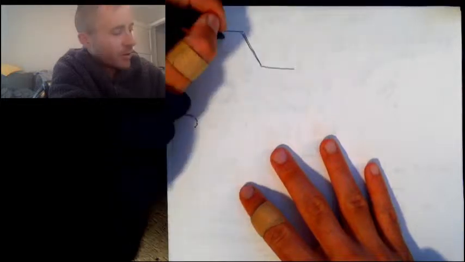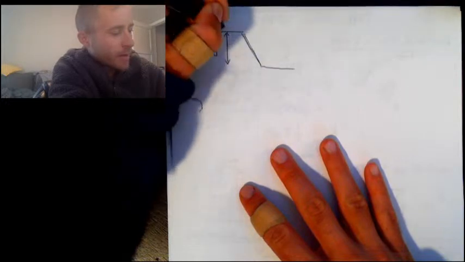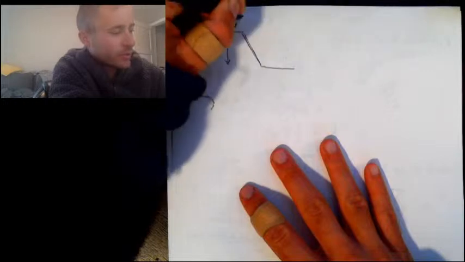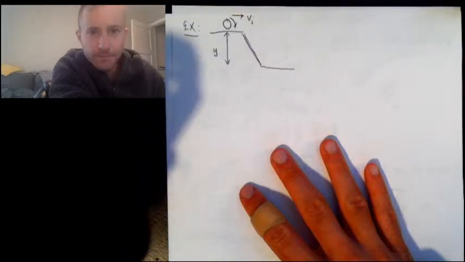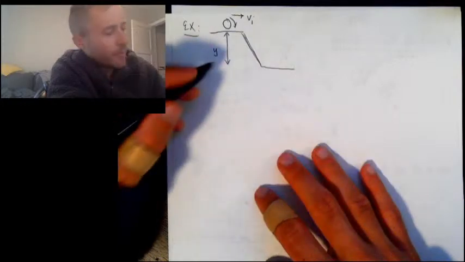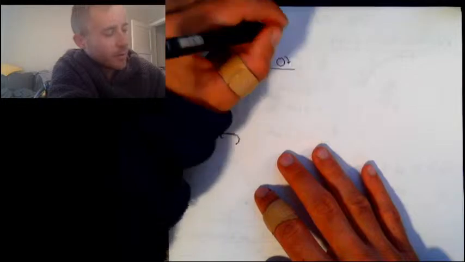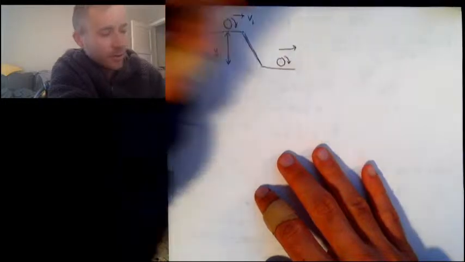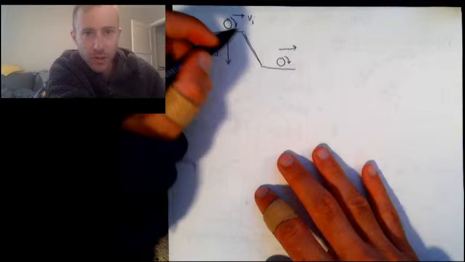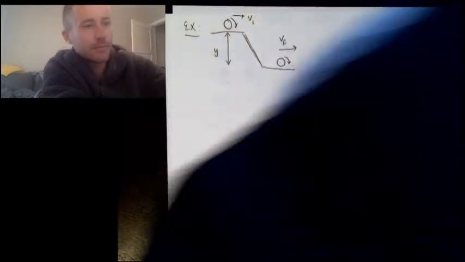So maybe the hill has a height y, and here's the object rolling, and it's rolling with a translational speed v initial. It rolls down the hill, and once it gets to the bottom, we have a new speed, because it's going to accelerate as it rolls down the hill, which is v final.